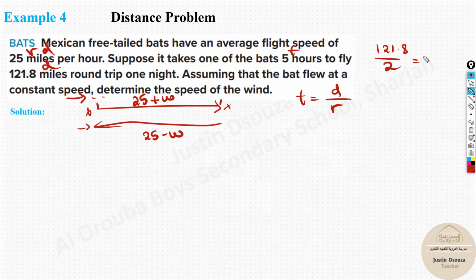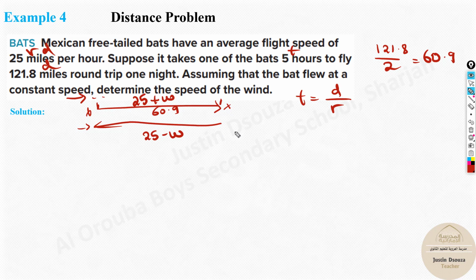But what is half the distance? Divided by 2, it's going to be 60.9 miles. That's one distance. So over here it will be 60.9 and over here also 60.9 coming back.